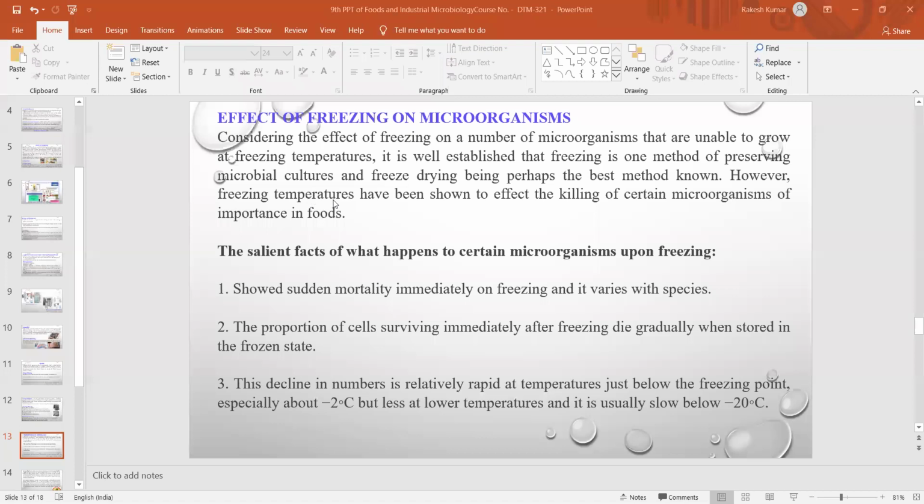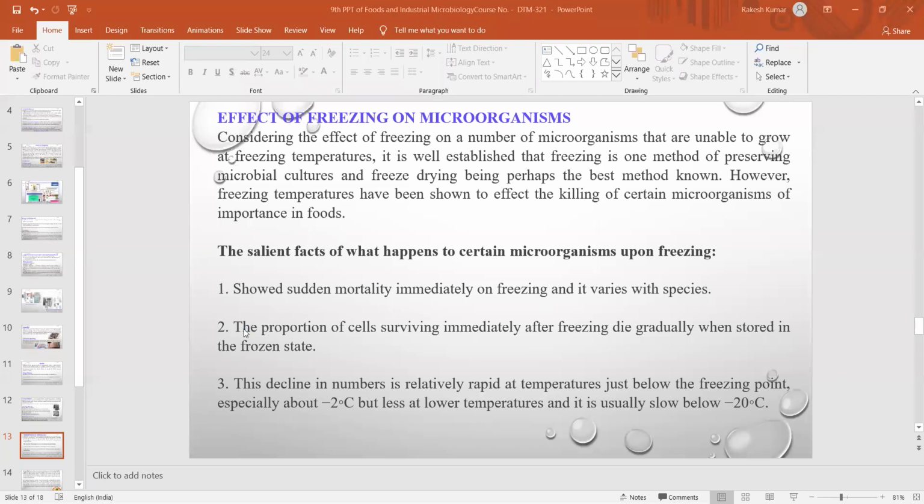However, freezing temperatures have been shown to affect the killing of certain microorganisms which are important in food. Now, the salient facts of what happens to certain microorganisms upon freezing: there is sudden mortality immediately on freezing, and it varies with species. So, depending upon the nature of the species, the effect can be observed.